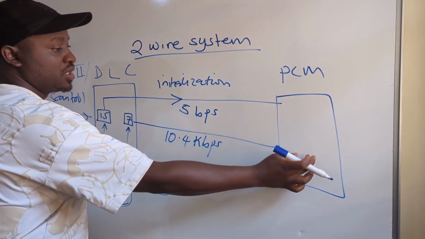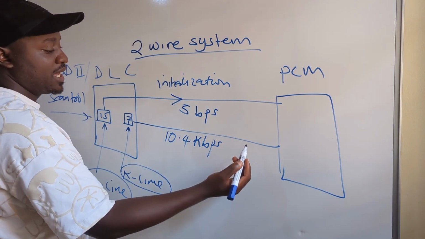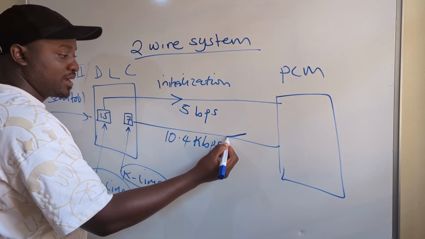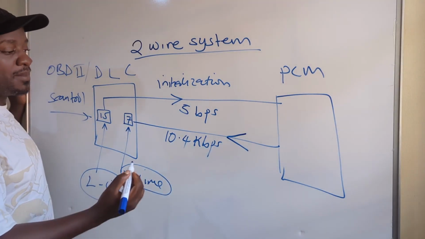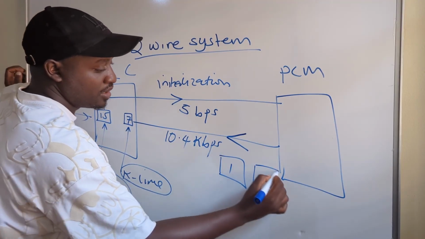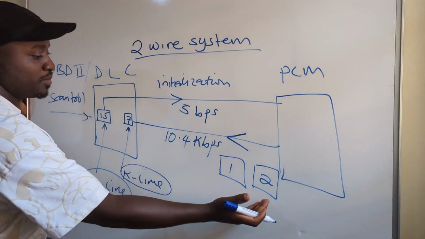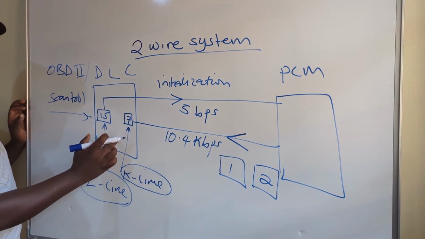will acknowledge that it has received that code and will have to send back 2 data bytes. Let me have this as data byte 1 and data byte 2. So these are going to be sent back to our master.